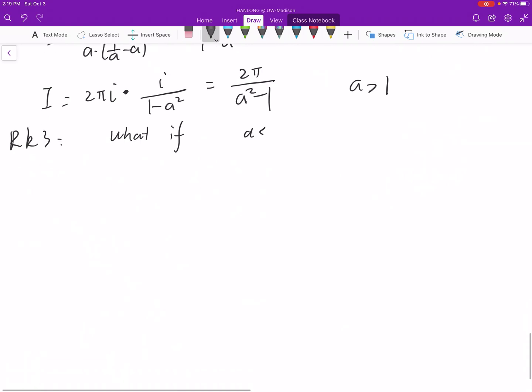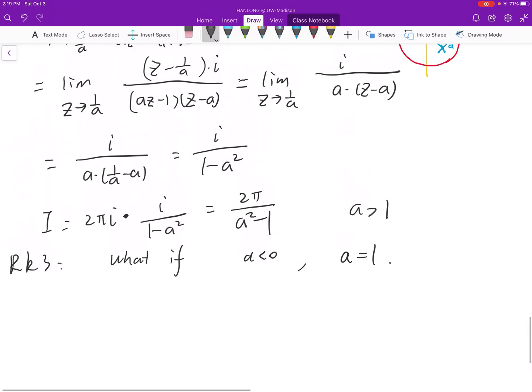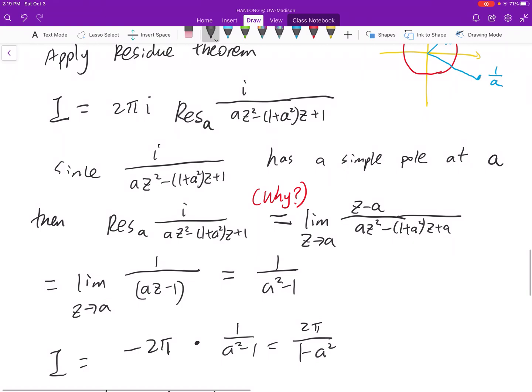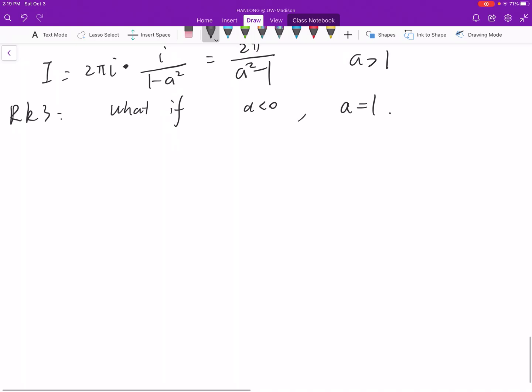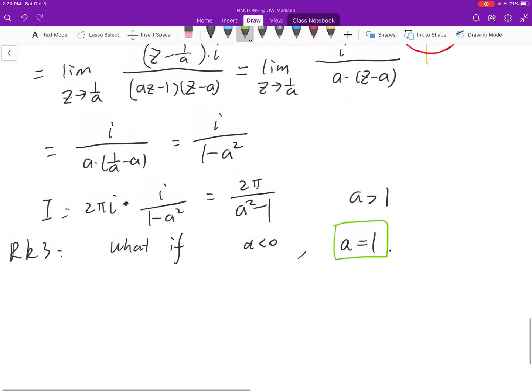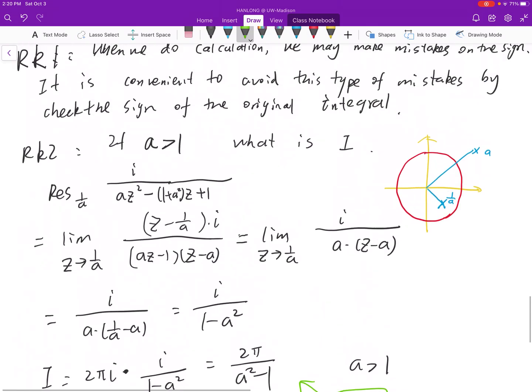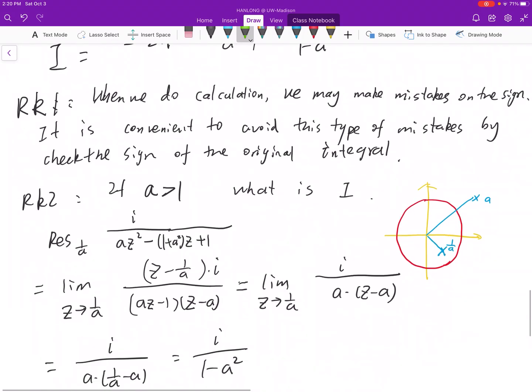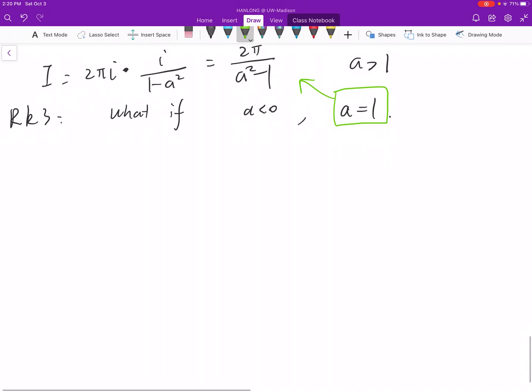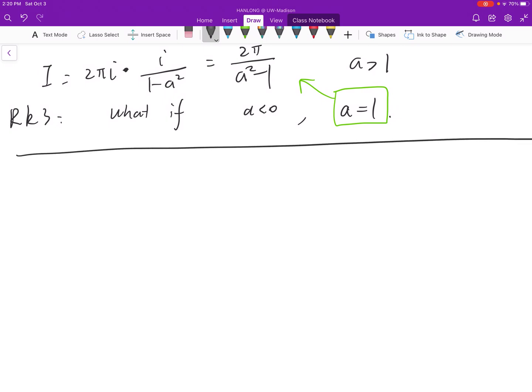So what if a is less than 0, and probably a little bit more difficult one is, what if a is 1? I don't have a definite answer right now, but you can see if you plug it into the formula, either this one or this one, you will see the integral goes to infinity. Okay, so that's the residue theorem for this type of special functions.